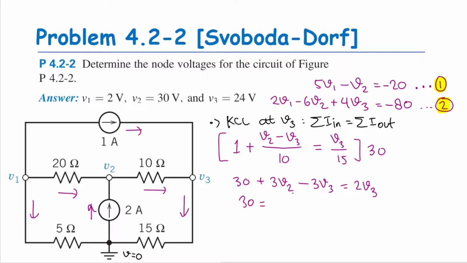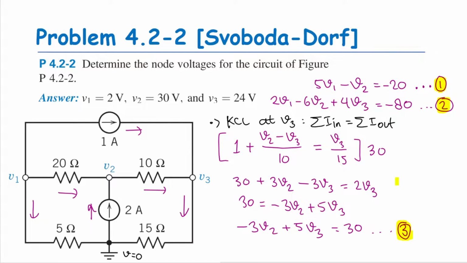So we will have minus 3V2 and then plus 5V3. So maybe let's write it like this: minus 3V2 plus 5V3 is equal to 30. And this is equation number 3. Okay, now we have 3 equations with 3 variables.